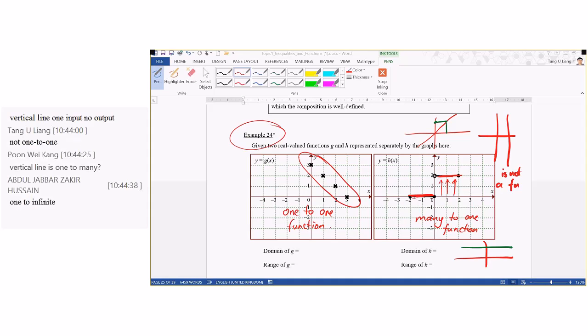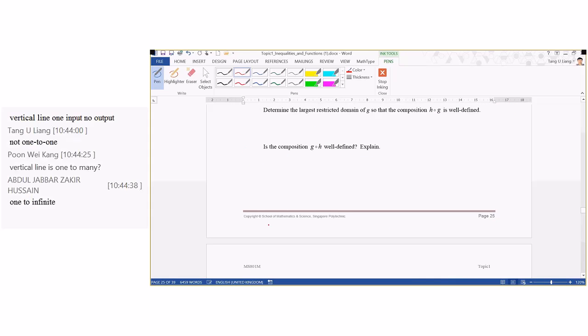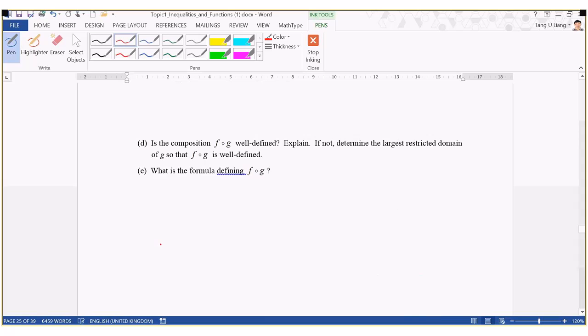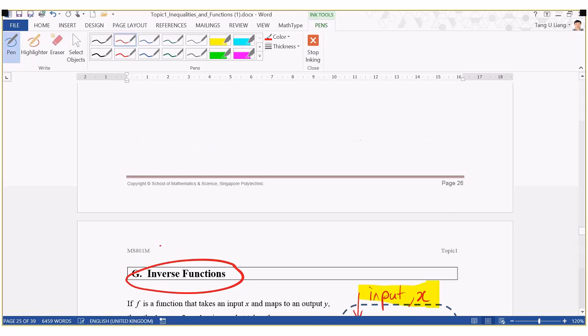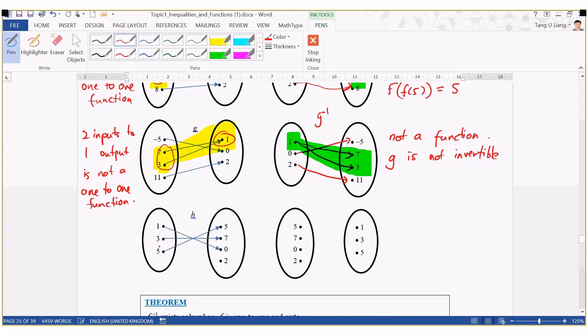Okay, let's just go back to example 26. Everyone go back to example 26 right now. Let's go. And we look at the last one, H, and ask ourselves, is H going to be invertible?